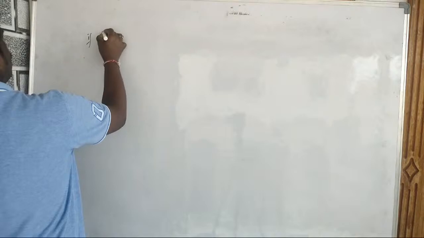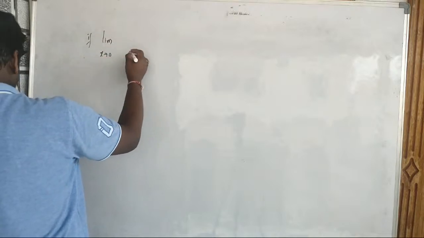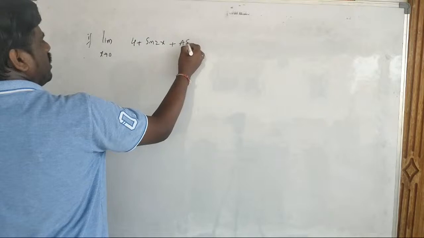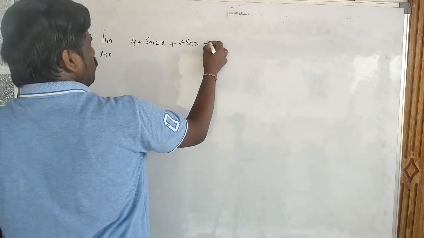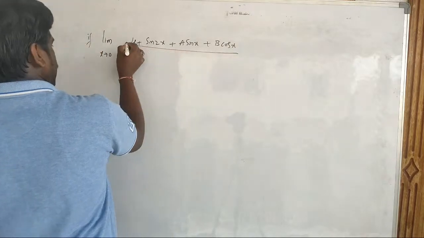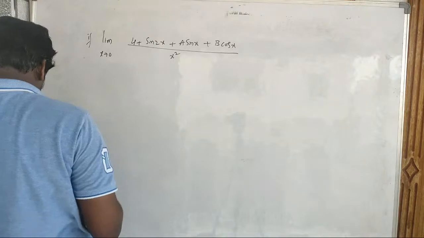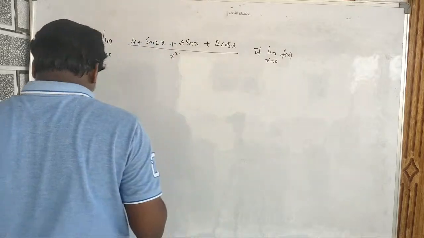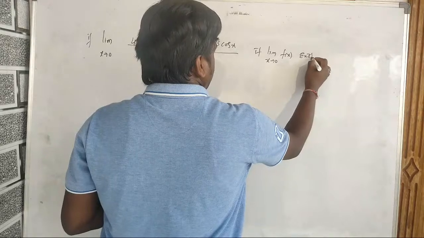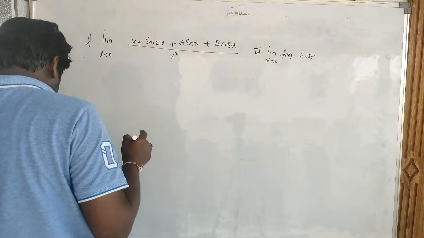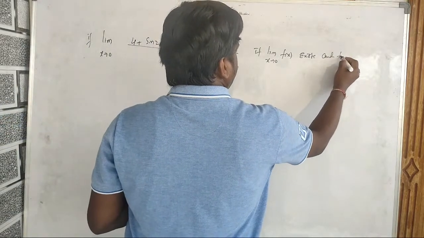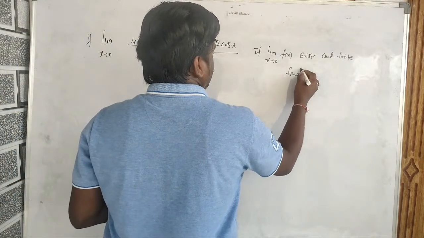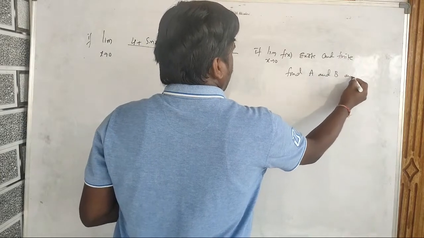So write down: if limit x tending to 0, (4 plus sine 2x plus a sine x plus b cos x) divided by x square, this is a previous year question only, if limit x tending to 0 of f of x exists and is finite, find a and b and the limit.